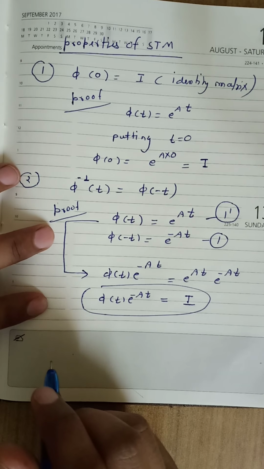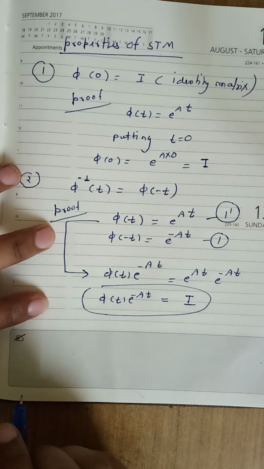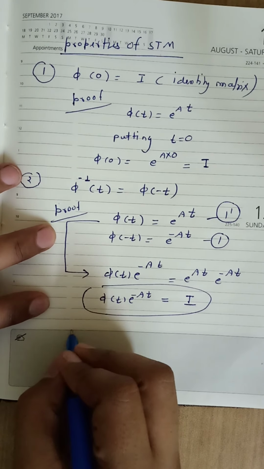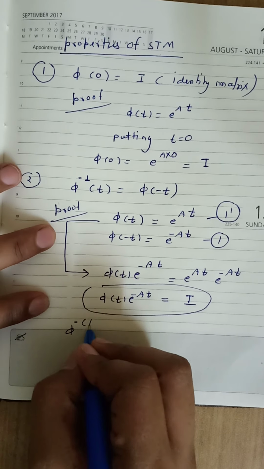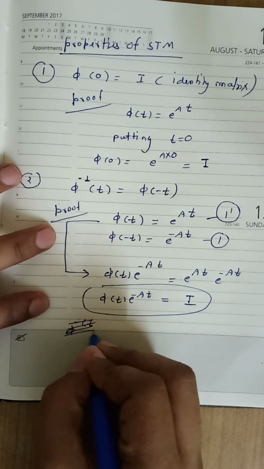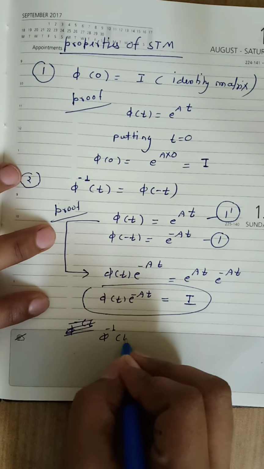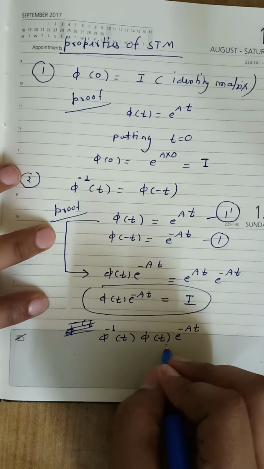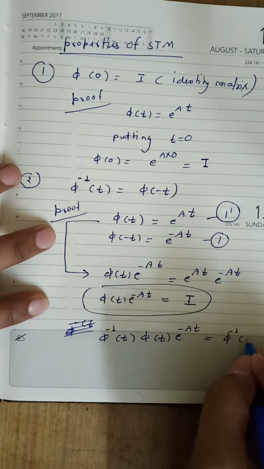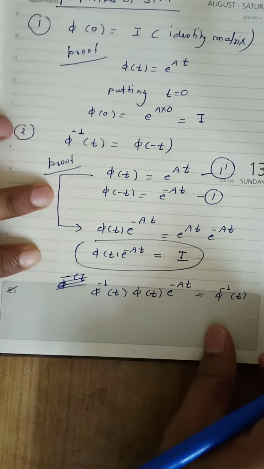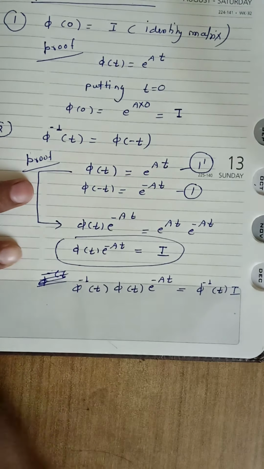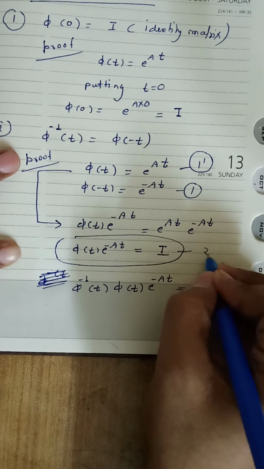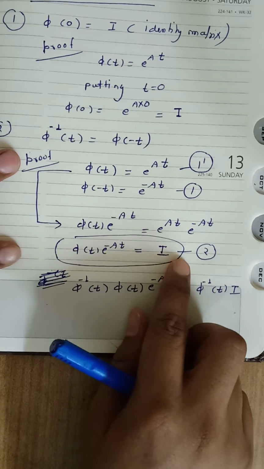Now pre-multiplying both sides by phi inverse t, we have phi inverse t, phi t e to the power minus at equal to phi inverse t into I. Here we are multiplying both sides of equation 2 with phi inverse t, and we are dealing with matrix.